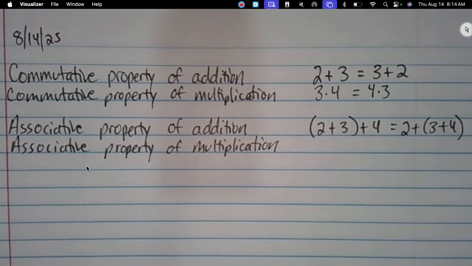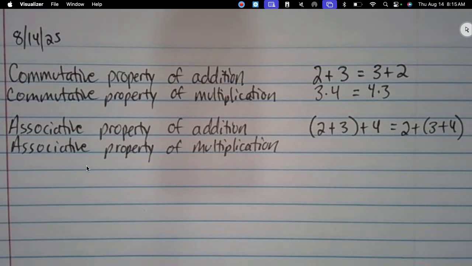Since I'm just adding everything, I could add these 2 first, or I could add those 2 first. That's associative property. When those parentheses move, that's what you're going to look for. I really don't know a good way to remember that. But associative property, the parentheses move.